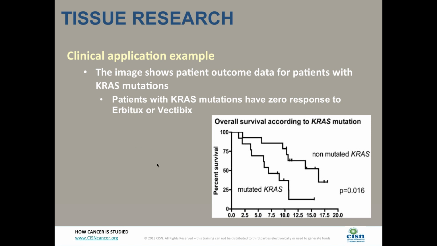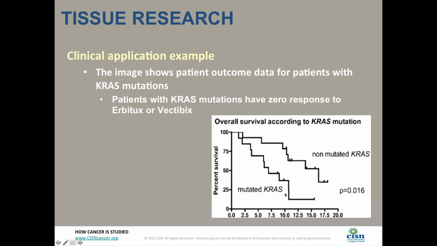Here's an example, and this actually came from a cooperative group clinical trial, a correlative science add-on to some clinical trial that they were doing. And this shows that for colon cancer patients who have KRAS mutations, their survival is not as good.